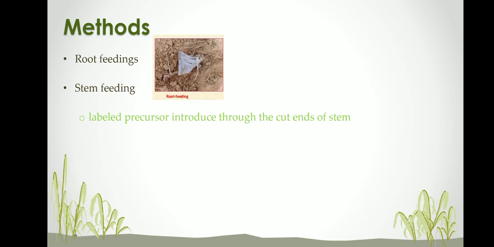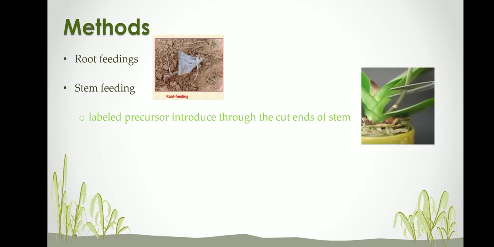Stem feeding. Here in this study, which does not require the presence of roots for biosynthesis, the substrates can be administered through the cut ends of stems immersed in solution. In stem feeding, labeled precursors are introduced through the cut ends of the stem.